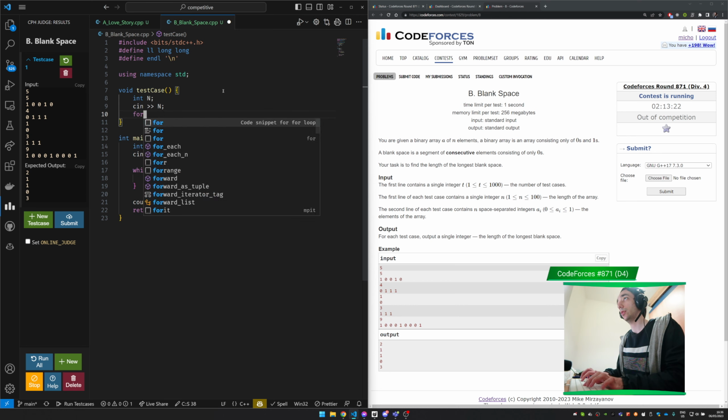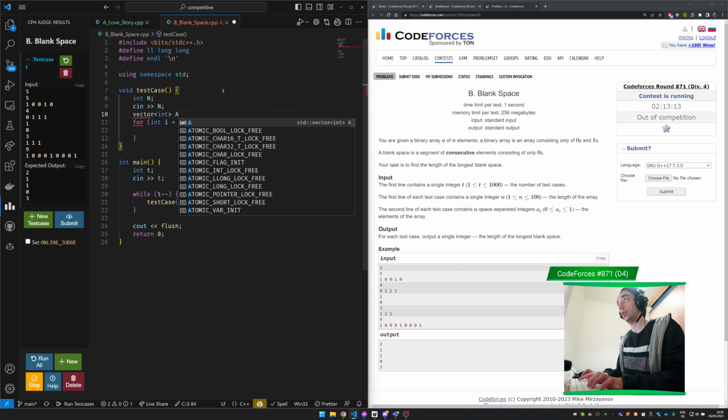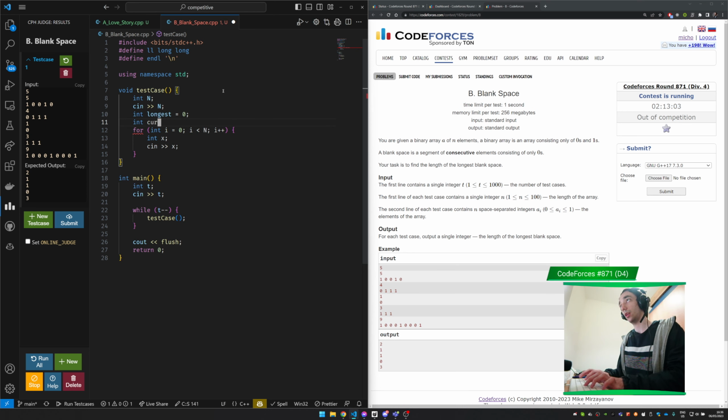But what I will actually do is, I will have this array, or maybe you don't even need an array, you can just read the integers as you go, and then longest, and then current is 0.